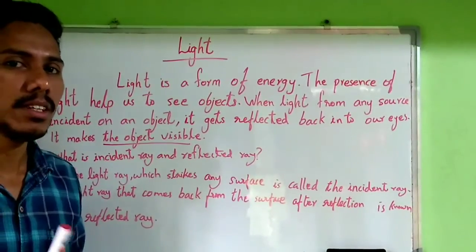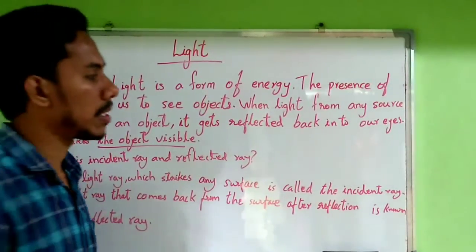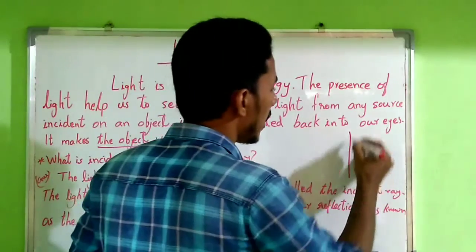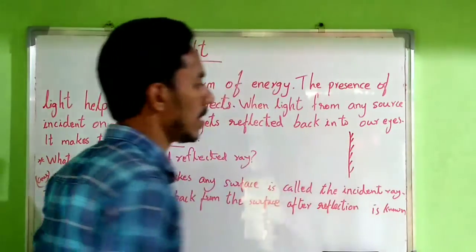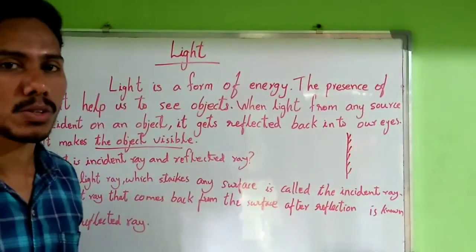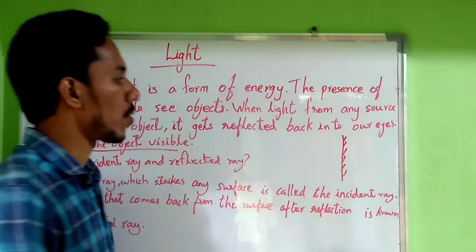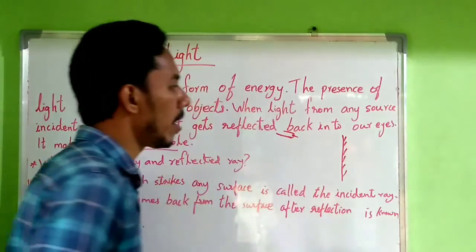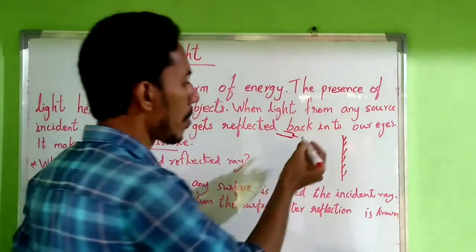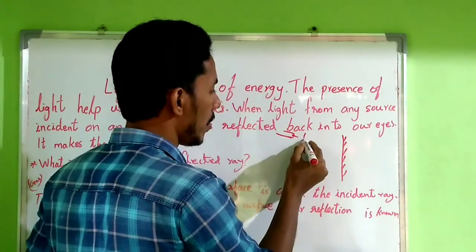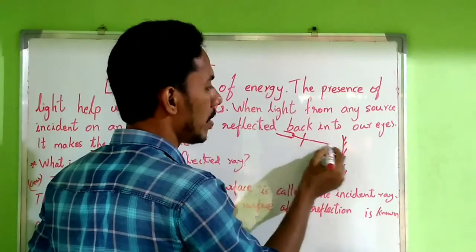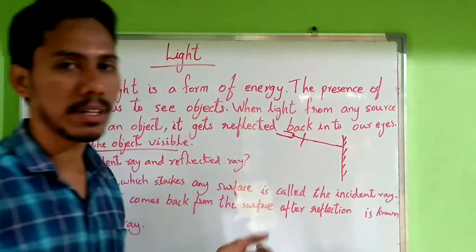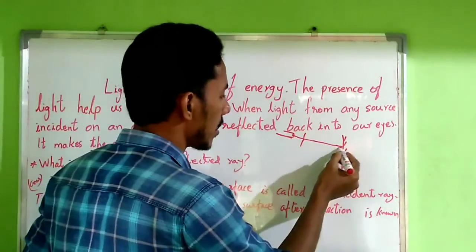For studying about light, let us take a mirror and a torch. Pass the light from this torch through this strip to hit this mirror and get reflected back.